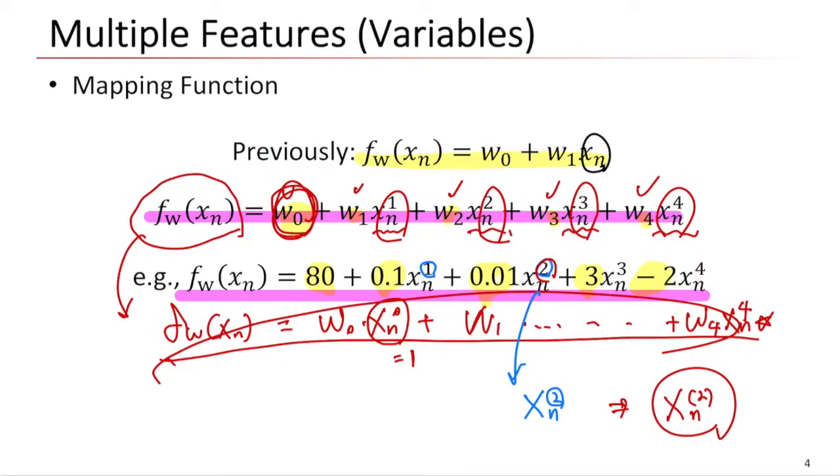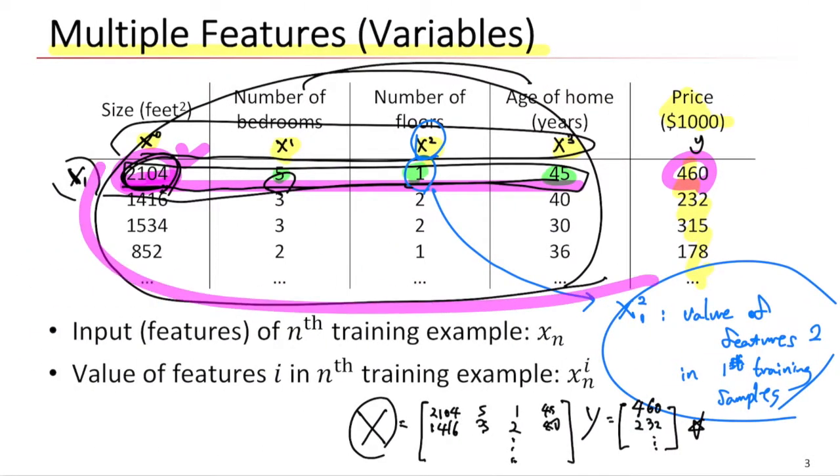So we can extend our simple mapping function, something like this, right? In this case, please be careful. This is not the square of the xn. It's just the second element in the xn features. Please see this table, okay?